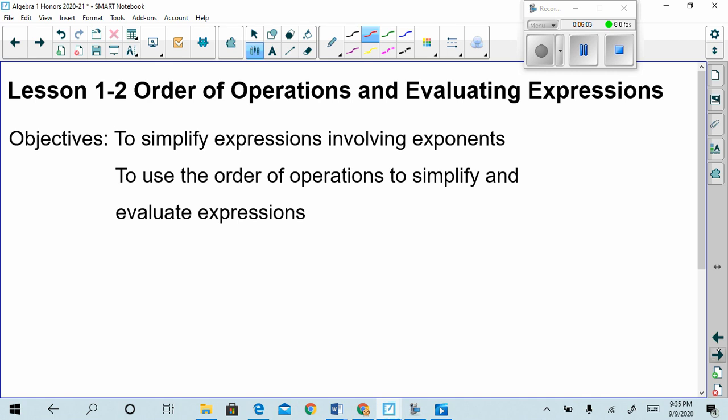In lesson 1-2, we're going to go a little deeper into that order of operations and evaluating of expressions. And our two objectives here are to simplify, especially expressions involving exponents. And we're going to use that order of operations to simplify as well as to evaluate expressions.